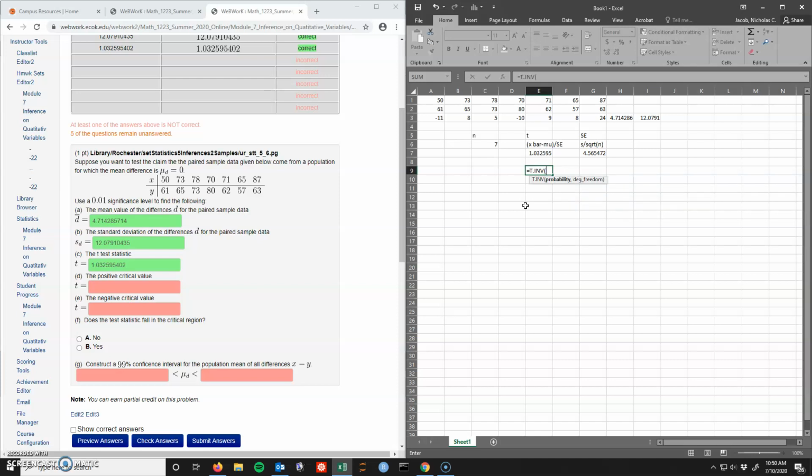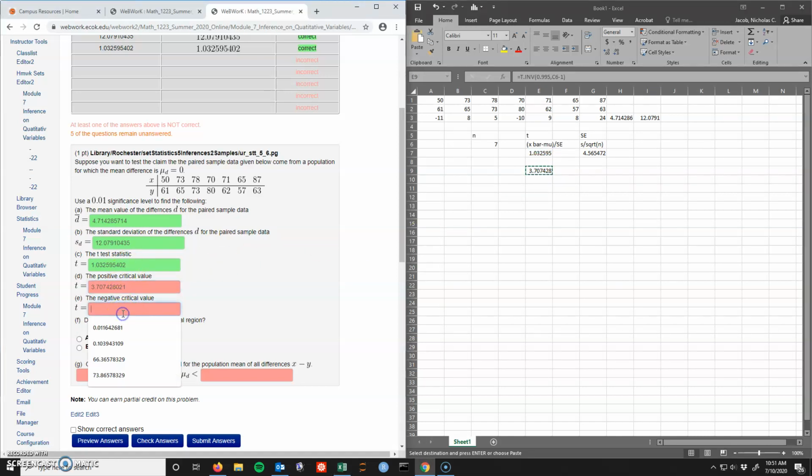It asks for a probability. And so if we want a 99% confidence interval, again, we want one of the tails, so I'm going to do 0.995. But the t requires this thing called degrees of freedom. And the degrees of freedom is the sample size minus 1. So all you have to do for that is the sample size minus 1. Now this is not required in the z statistic, in the normal distribution, but it is part of the t distribution. So here's my positive critical value.